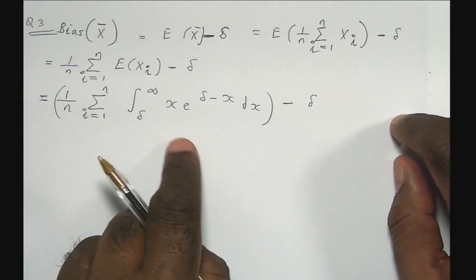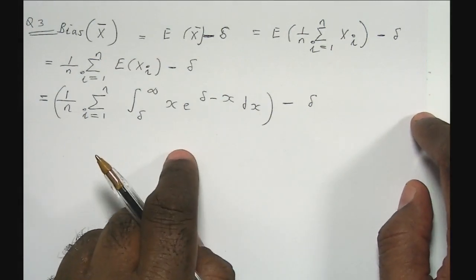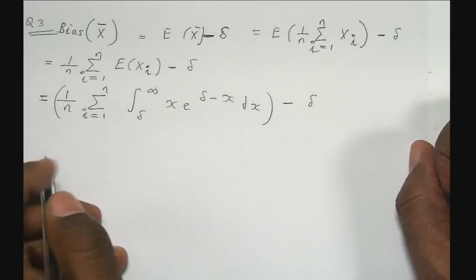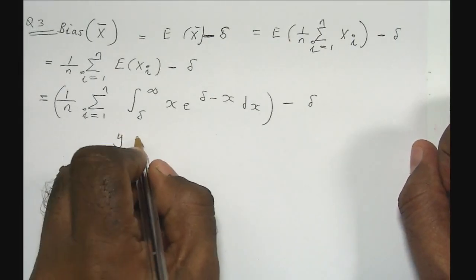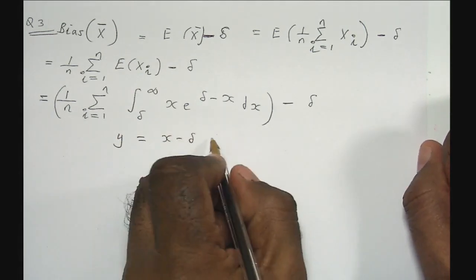Now, I guess by now all of you are experts in integration. So how would you do this integration, guys? You could use parts, but I would prefer using a substitution. I'm not a big fan of using parts.